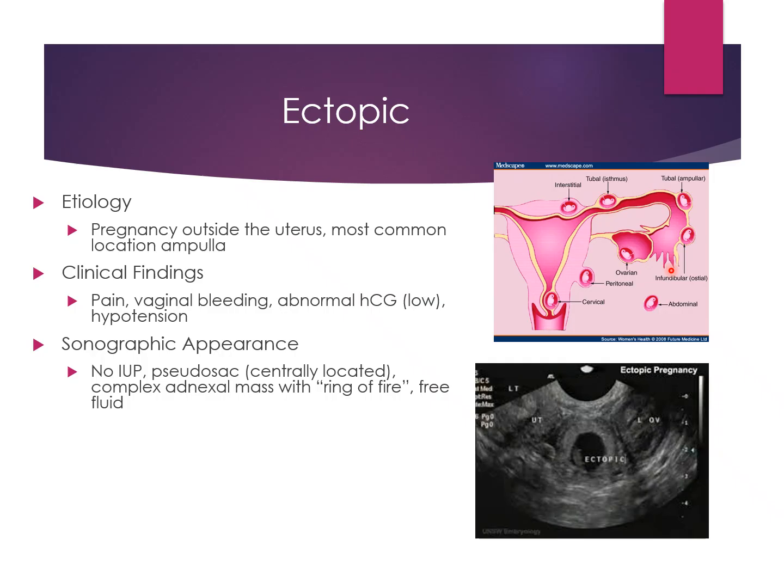And then at the space of the ectopic, we're going to see a gestational sac, really. And inside of that, we will see possibly a yolk sac or a fetus. But the real kicker is the ring of fire that happens along with free fluid. So if there's an ectopic, we're most likely going to have this free fluid. And then if we were to throw color on this, it would look like a hula hoop of color around it.